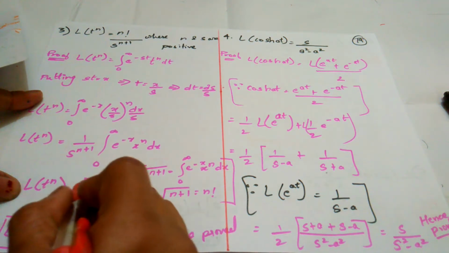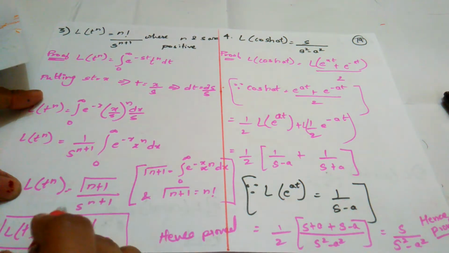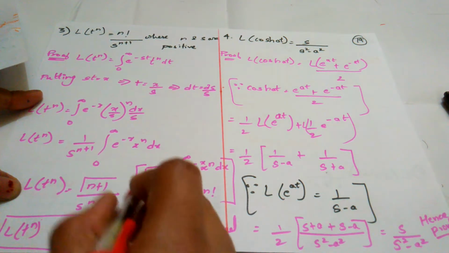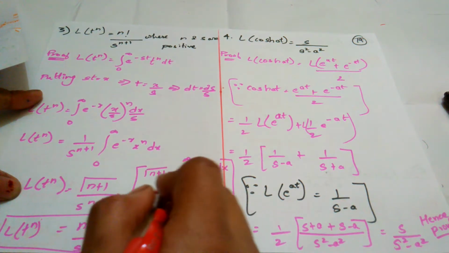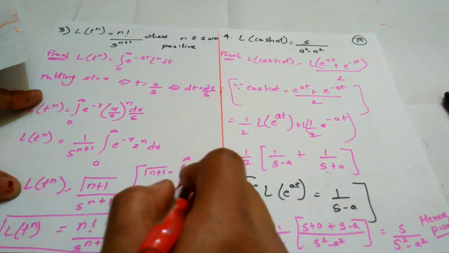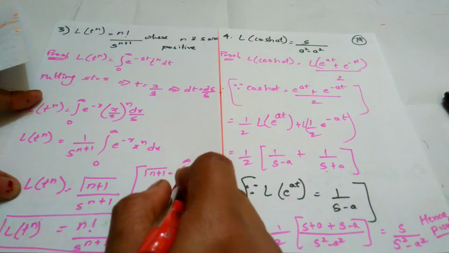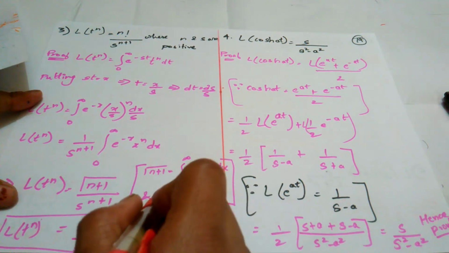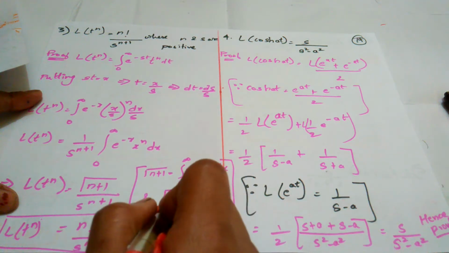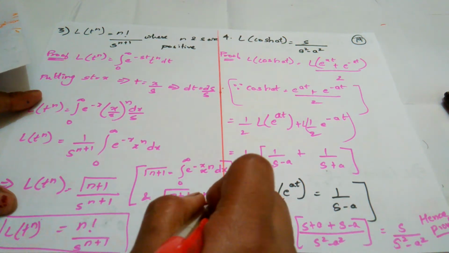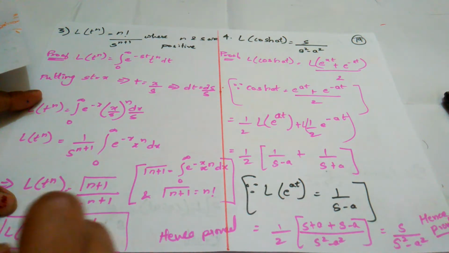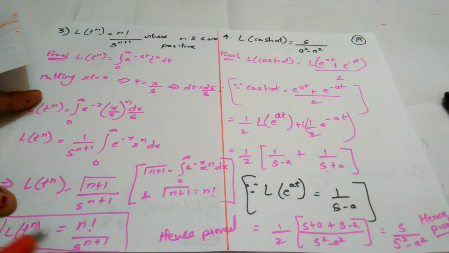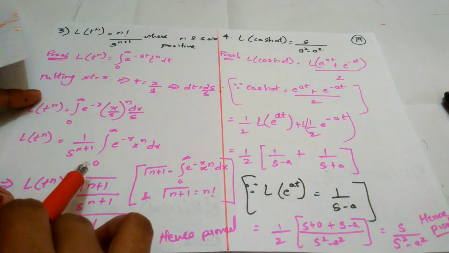So L of t raised to n is equal to gamma of n plus 1 divided by s raised to n plus 1, where gamma of n plus 1 is equal to the integral from 0 to infinity of e raised to minus x times x raised to n dx, and n plus 1 gamma is equal to n factorial. So L of t raised to n is equal to n factorial divided by s raised to n plus 1.